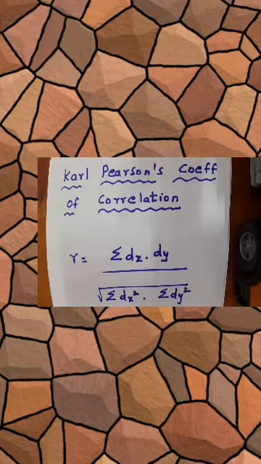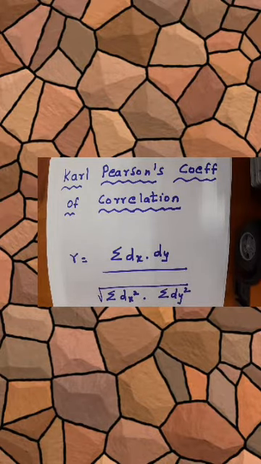So, the formula to calculate Karl Pearson's coefficient of correlation is r is equal to summation of dx times dy, the whole term divided by square root of summation of dx square times summation of dy square.